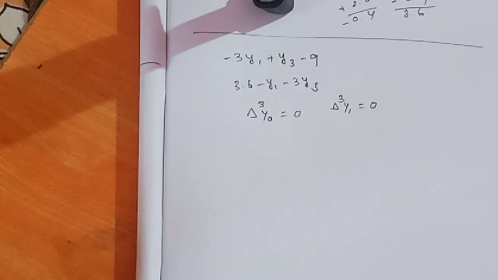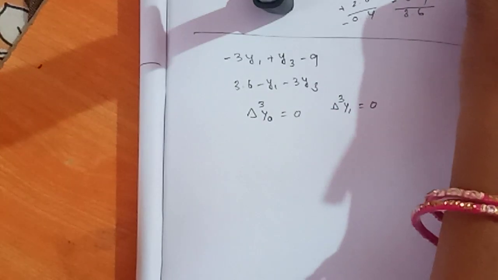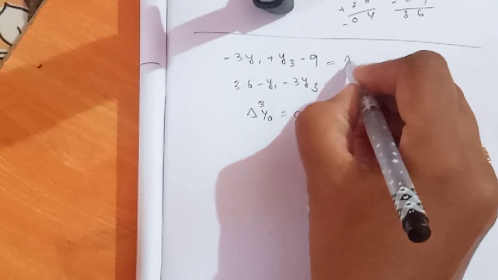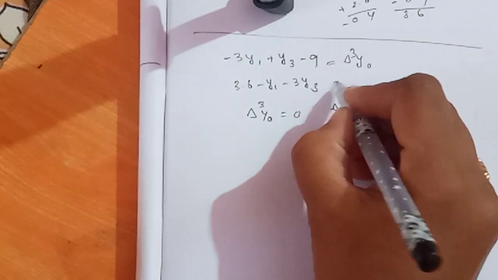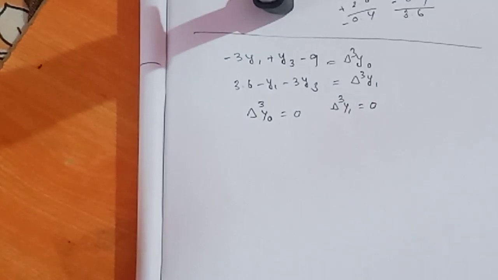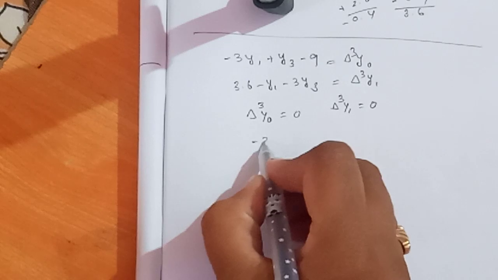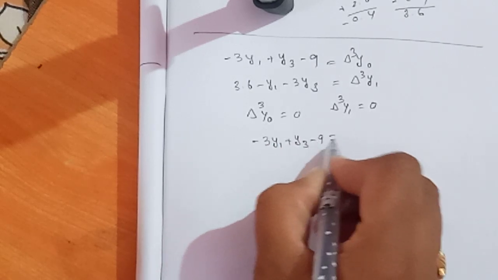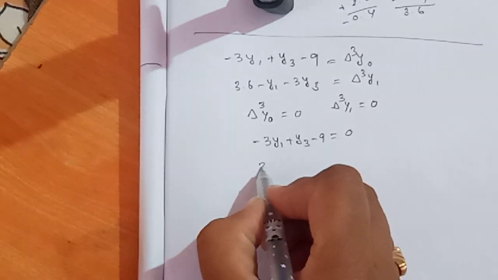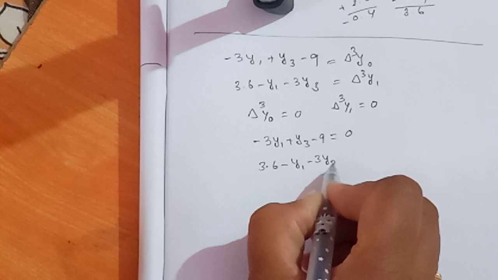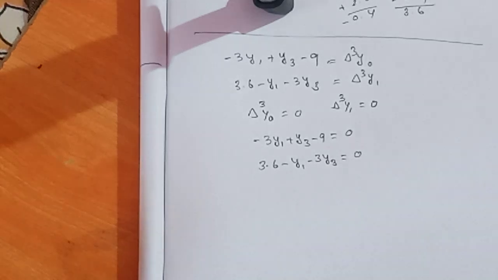Am I right? Now this becomes delta cube y0, and this becomes delta cube y1. As this is second degree polynomial, minus 3y1 plus y3 minus 9 equal to 0, and 3.6 minus y1 minus 3y3 equal to 0.